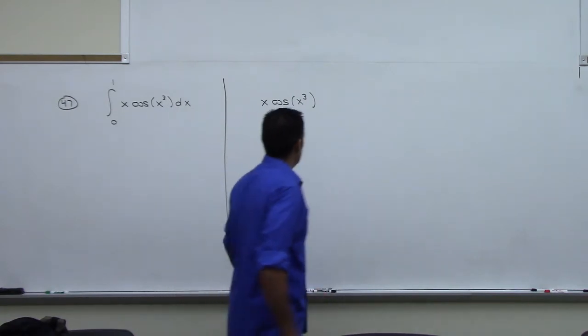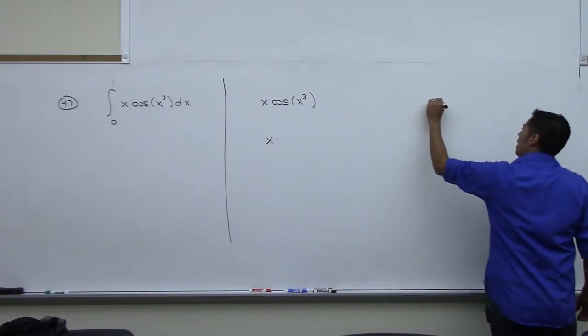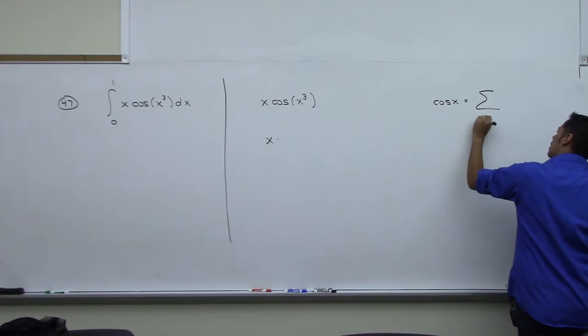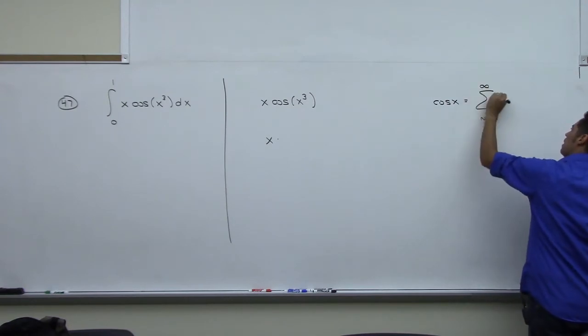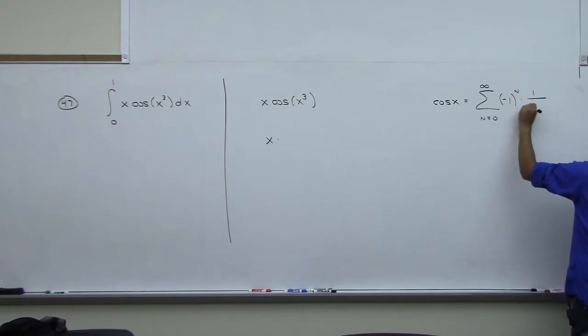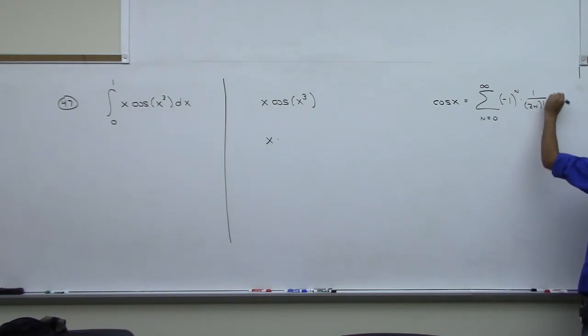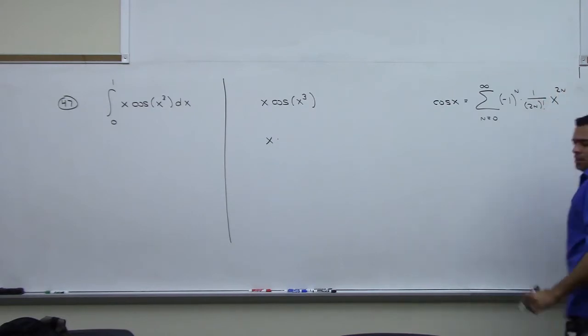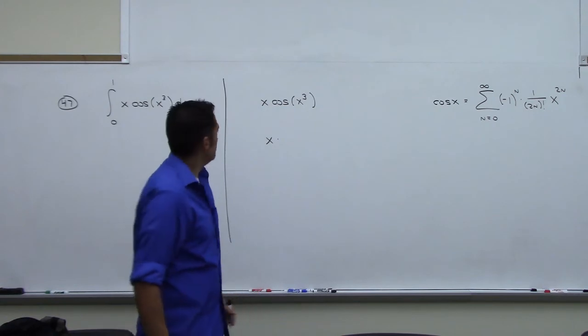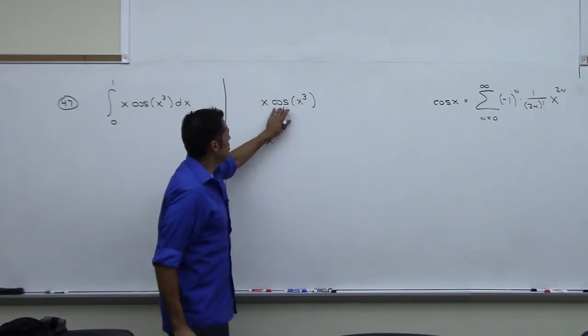So we know that cosine x is equal to the sum n equals 0 to infinity, negative 1 to the n, times 1 over 2n factorial times x to the 2n. We're going to use that knowledge to rewrite cosine x cubed.